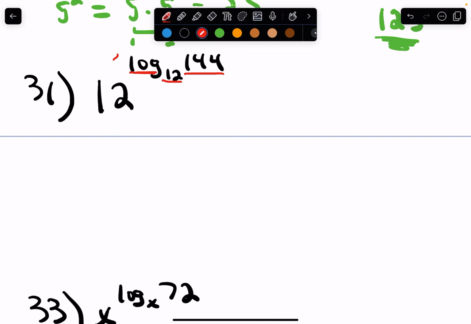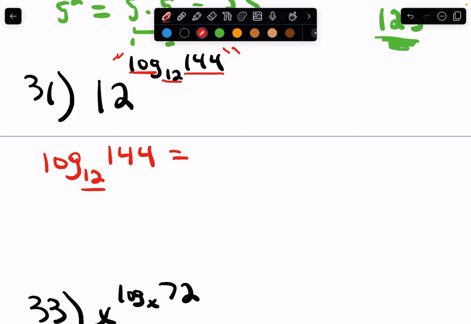Let's figure out what this exponent up here would be. So we have log base 12 of 144. We can set this equal to x, by the way. We're trying to find x, right? This is what we're trying to find.